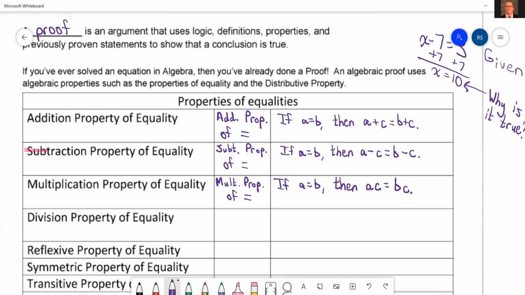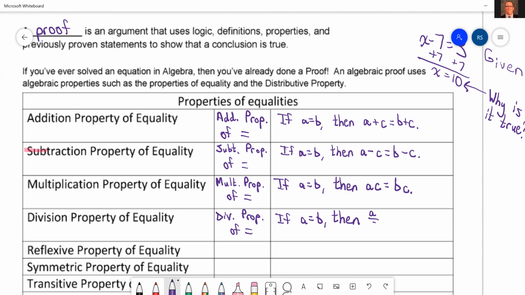And then we have the division property of equality. So if A equals B, anyone want to take a guess what I'm going to say here? Then what? That's right.